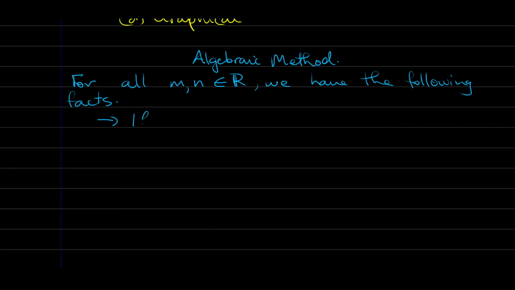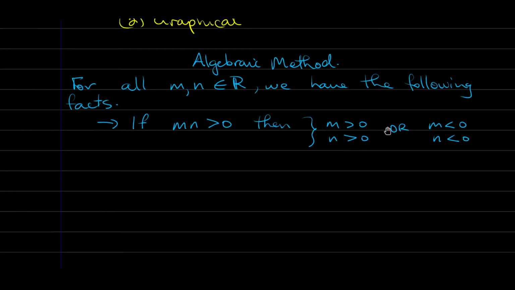If we have mn greater than 0, then we will know that we have m greater than 0 and n greater than 0, or we'll have m less than 0 and n less than 0. Now just think of this as two positive numbers will give me a positive number, which is this, and two negative numbers will also give me a positive number.